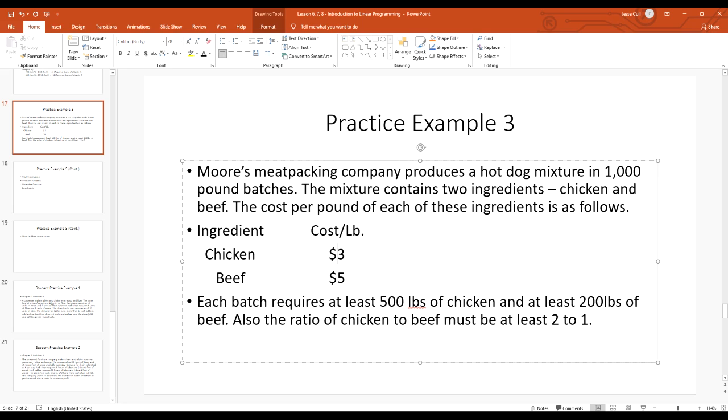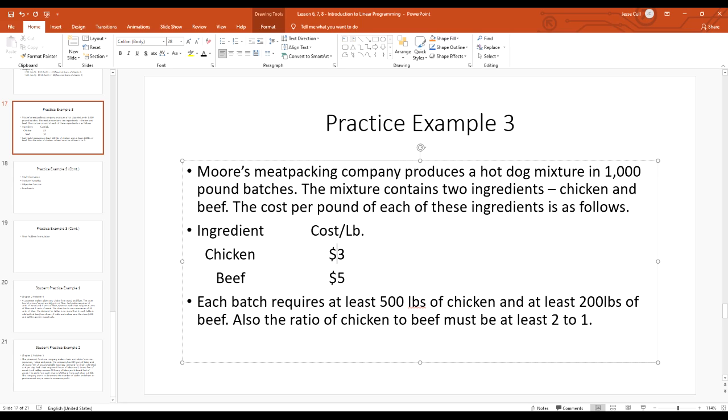The key is not necessarily following the same exact process every time, but learning to adapt the questions we're given to mathematical examples that we're able to solve using algebraic transformations and other algebraic tools.